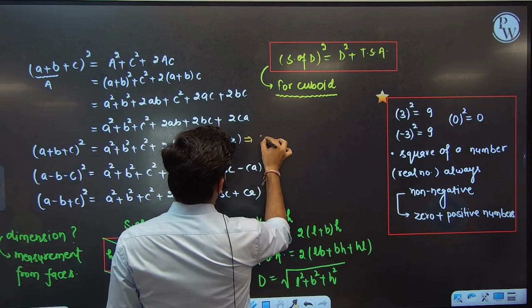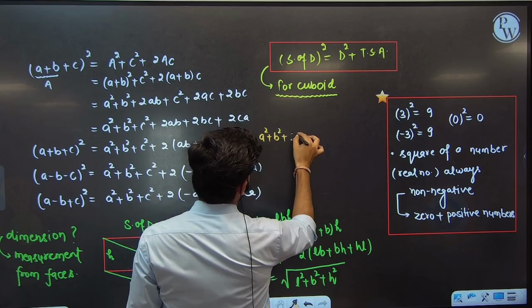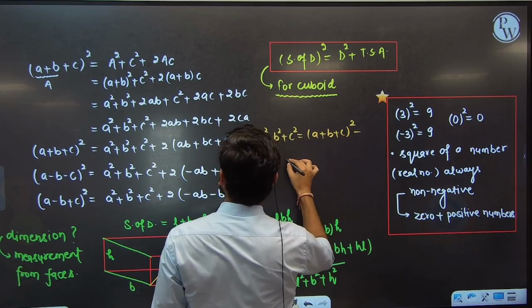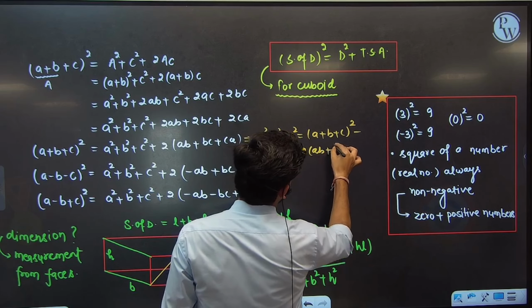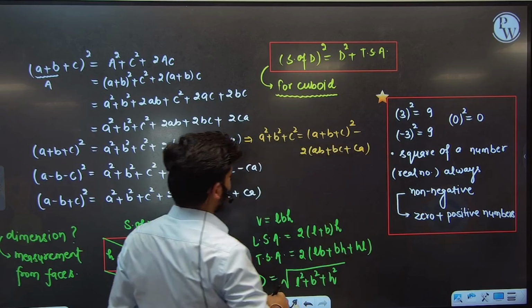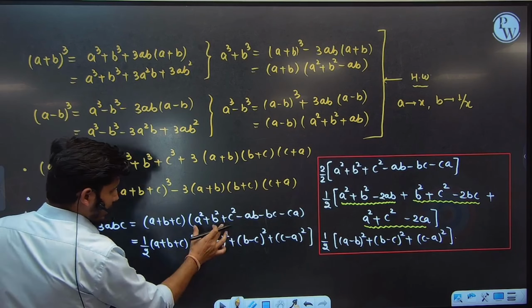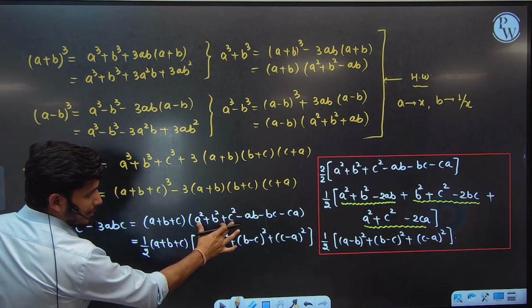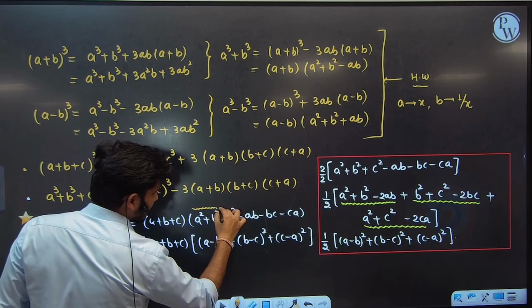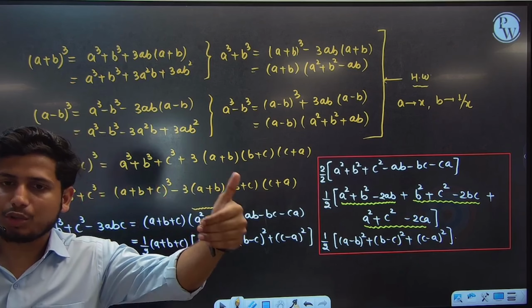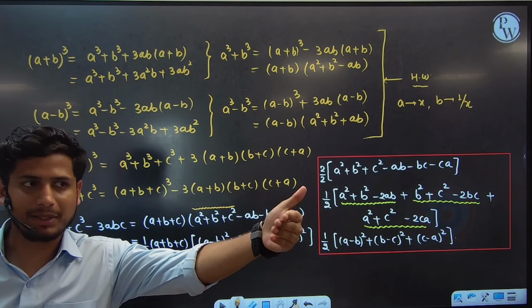So a square plus b square plus c square is equal to (a plus b plus c) whole square minus twice of (ab plus bc plus ca). Move to this here: a square plus b square plus c square replaced by (a plus b plus c) whole square minus twice of (ab plus bc plus ca).